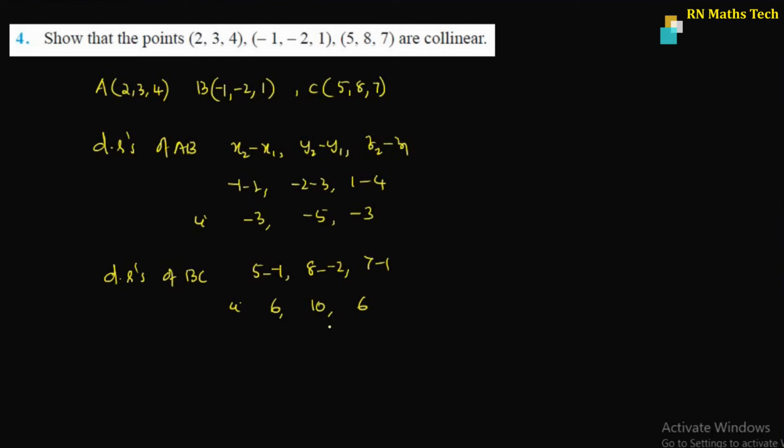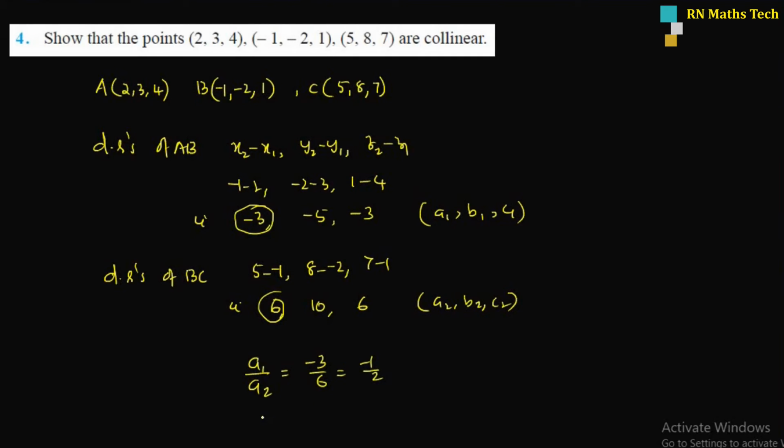Now the direction ratios are proportional. The direction ratios of AB are minus 3, minus 5, minus 3. Now we find the ratio of these two. Let it be A1, B1, C1 and next A2, B2, C2. A1 by A2 equal to minus 3 by 6, minus half.